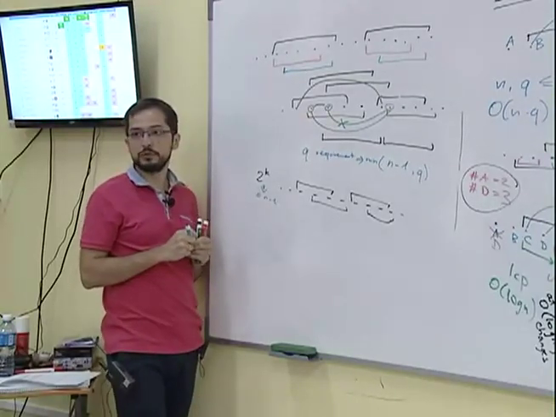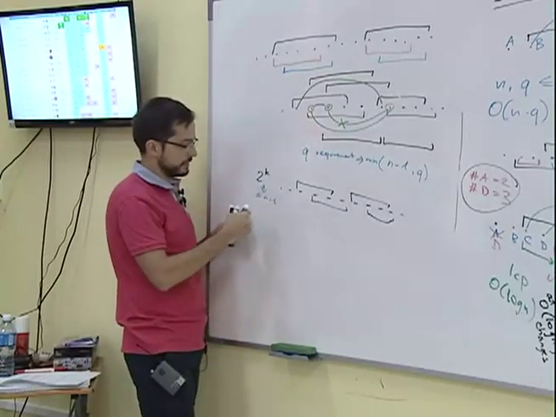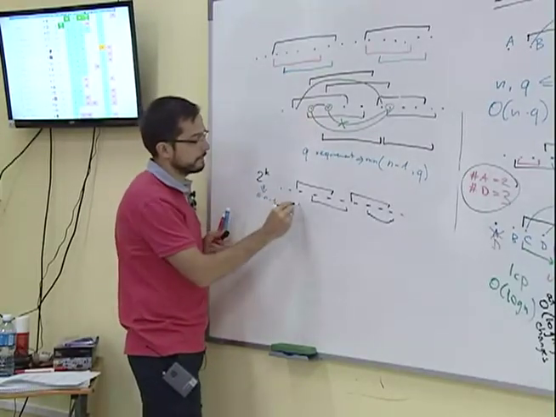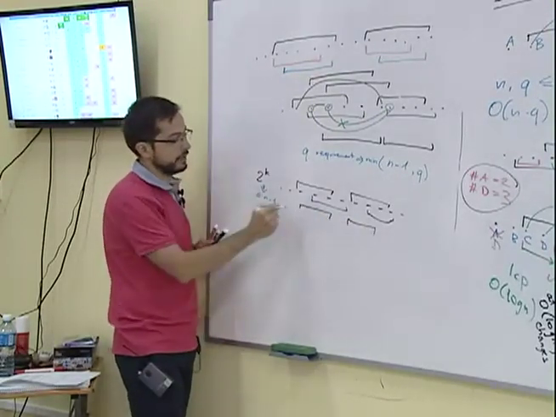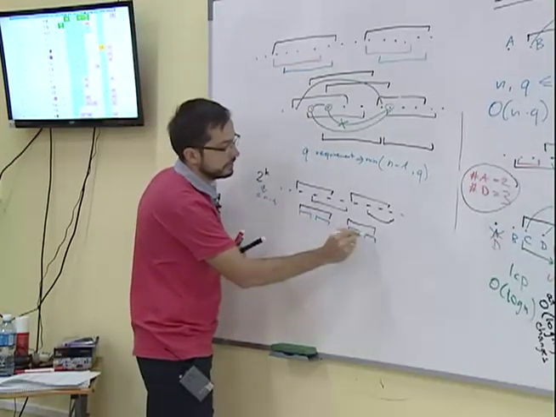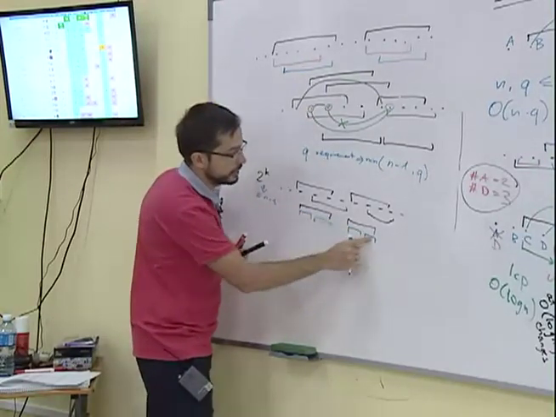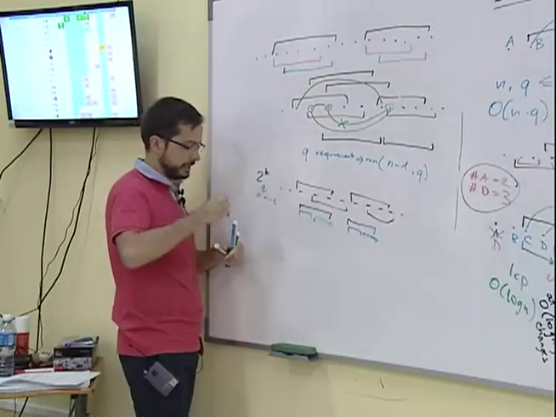Okay, so what can we do next? Next, if we have a requirement of size 2 to the power of k, we can split it into two requirements, into a blue part and a red part.